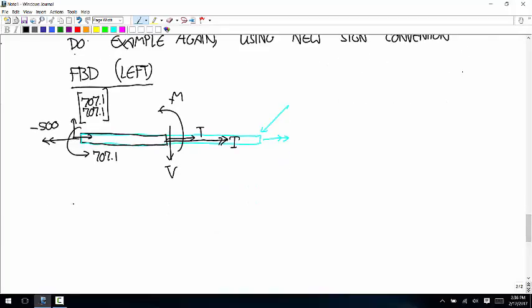Okay, and then Newton's second law says 707.1, 707.1 plus, this T is in the positive x direction. So think of multiplying the variable T times a unit vector in the positive x direction.